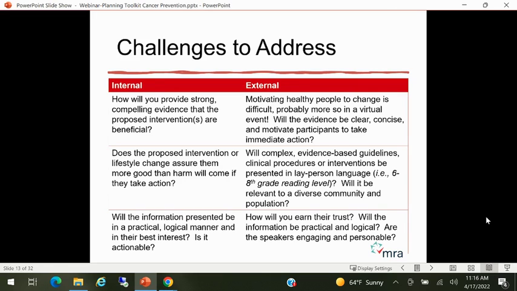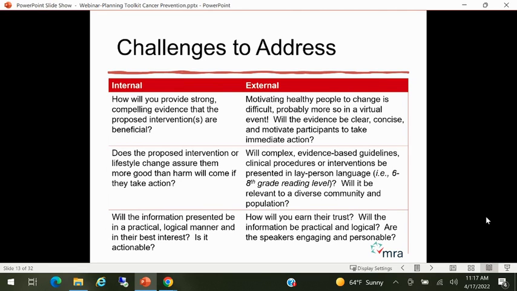Is the information you're going to present in a practical, logical manner? Is it in their best interest? Is it actionable? So, how are you going to earn their trust? And are the speakers engaging and personable? We all have sat through events where we pressed the snooze button, or you kept looking at your clock hoping that it would end soon.